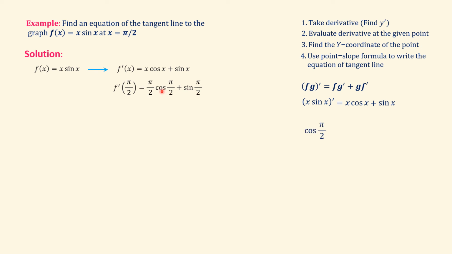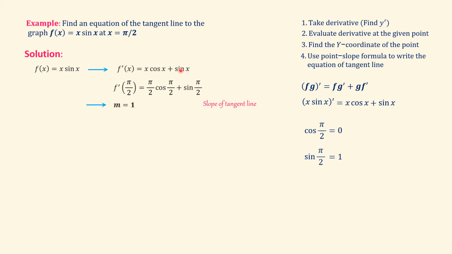Cosine of pi over 2 is 0 and sine of pi over 2 is 1. So this term is 1, cosine of pi over 2 is 0, 0 times pi over 2 is 0, so the first term is completely 0. 0 plus 1 is 1. 1 is the slope of the tangent line.